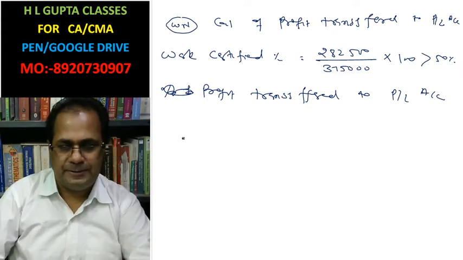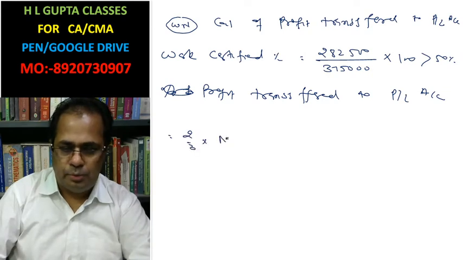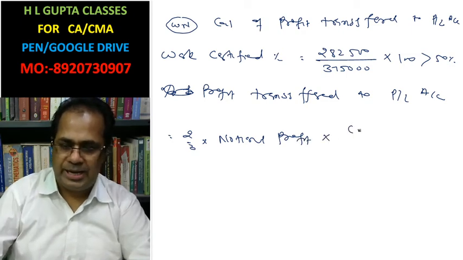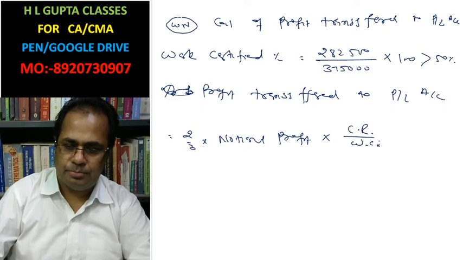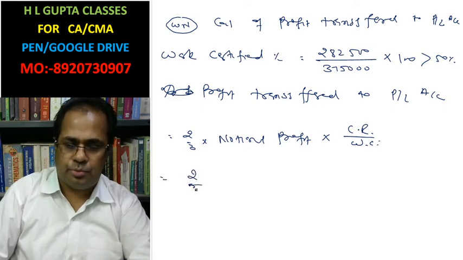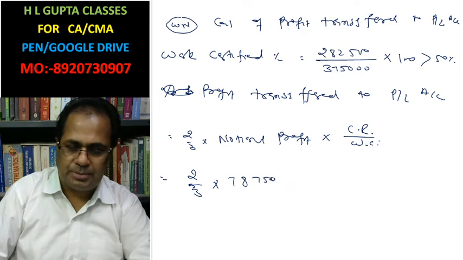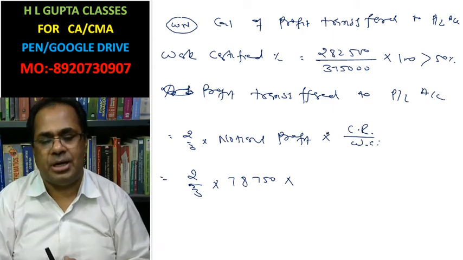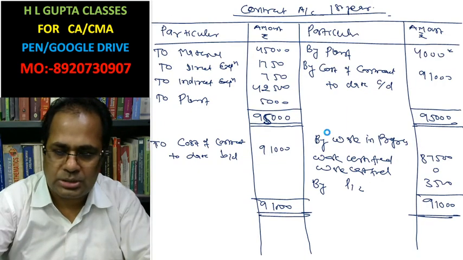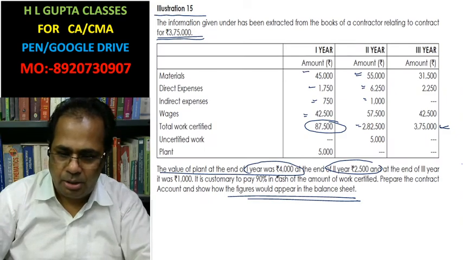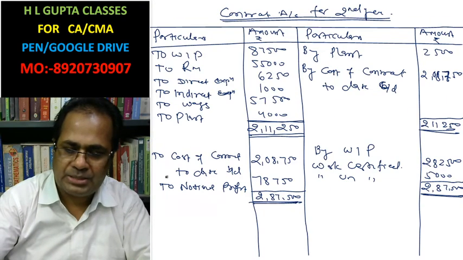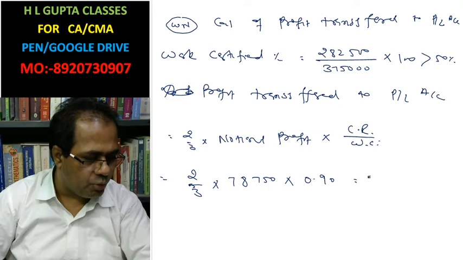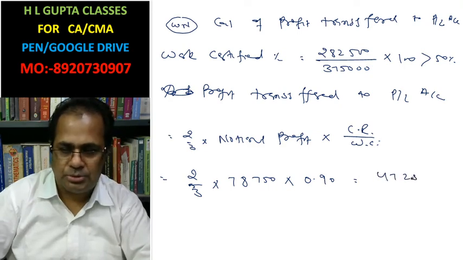Profit transferred to profit and loss account is 2/3 into notional profit into cash received over work certified. 2/3 into 78,750. In the question it says 90% of the work certified is paid as cash, that's why you write 0.90. This will be 47,250.